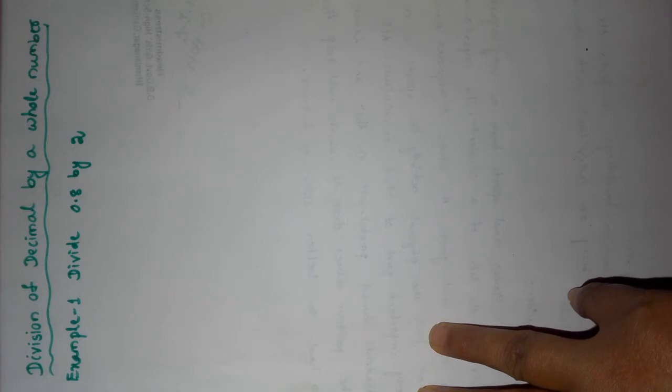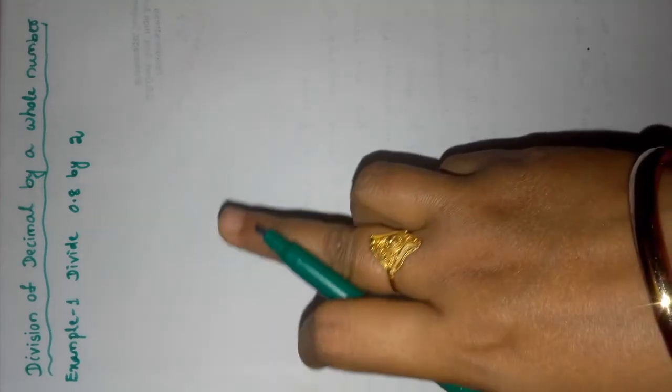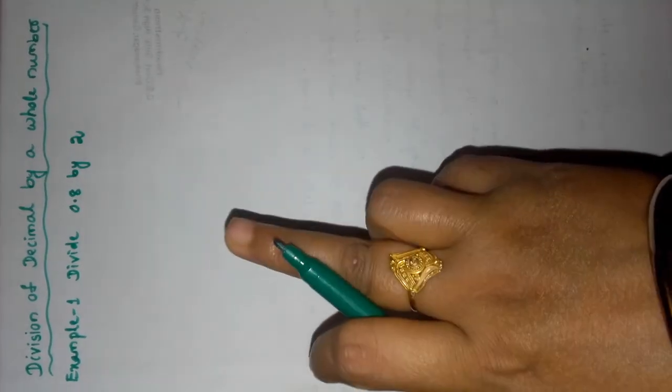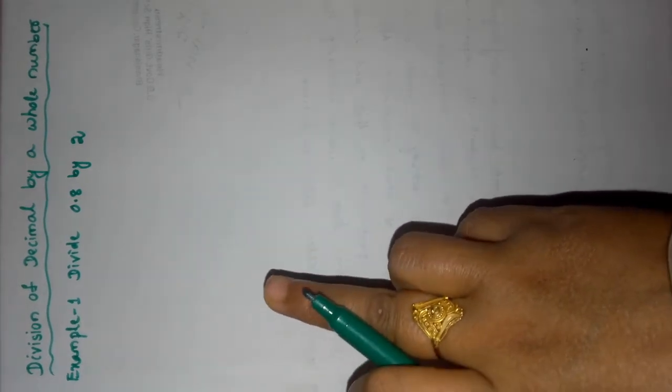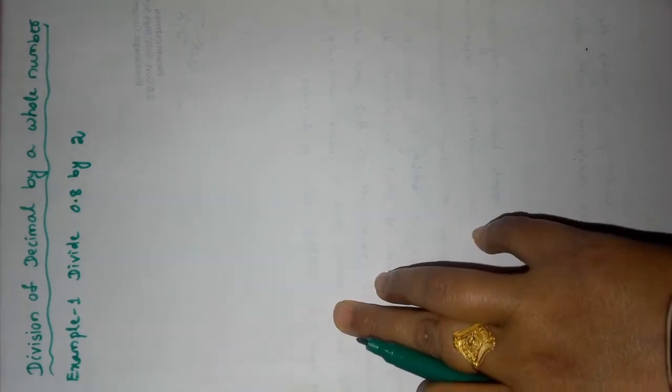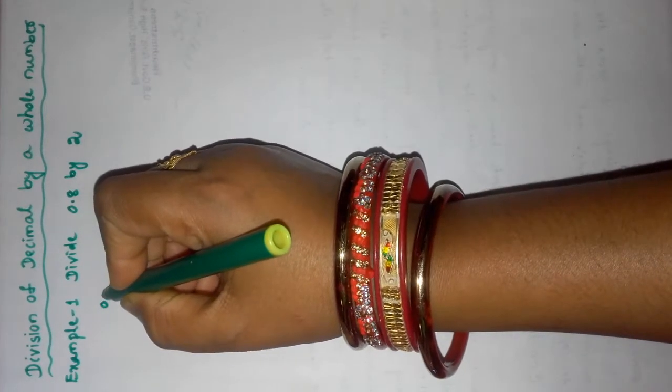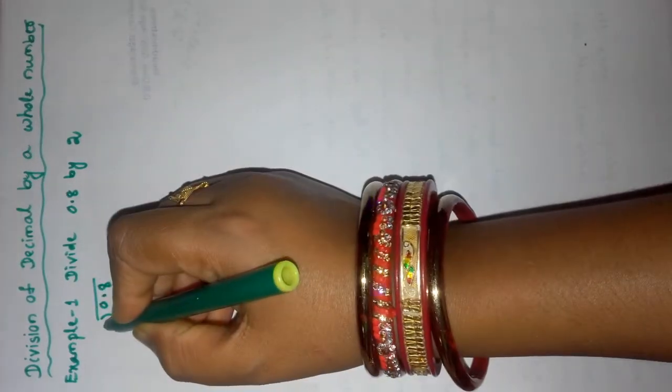The process of division of a decimal by a whole number is the same as the process we have taken to divide a whole number by another whole number. Let us divide 0.8 by 2.